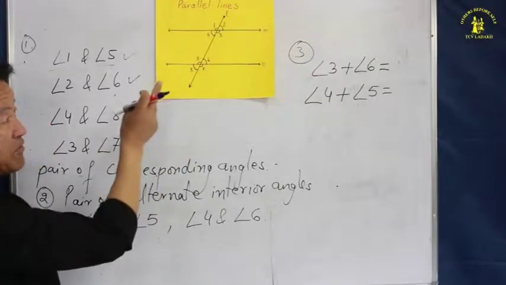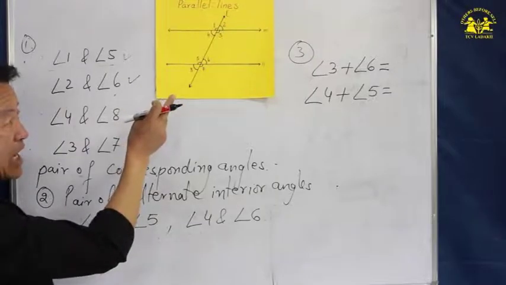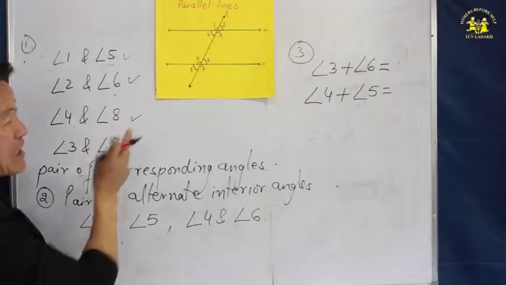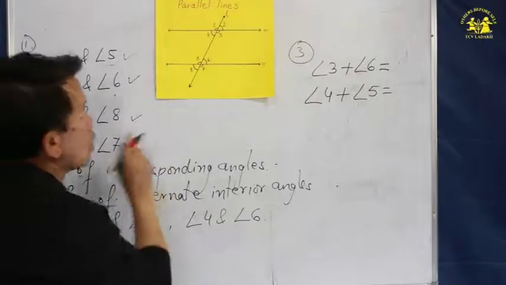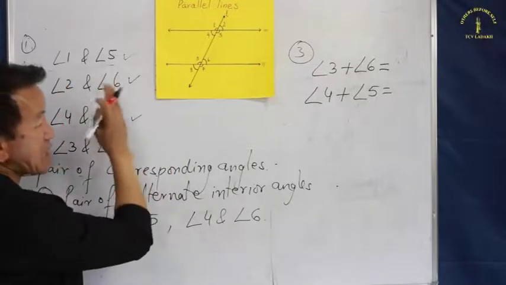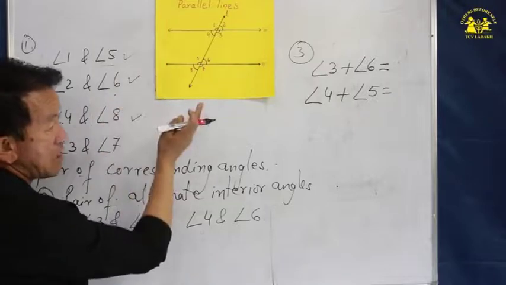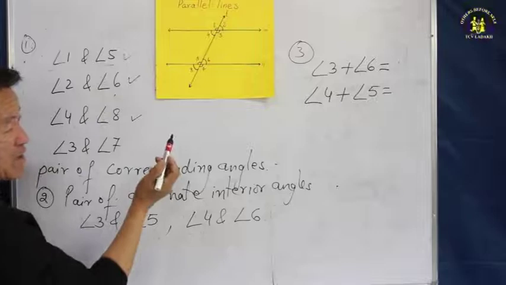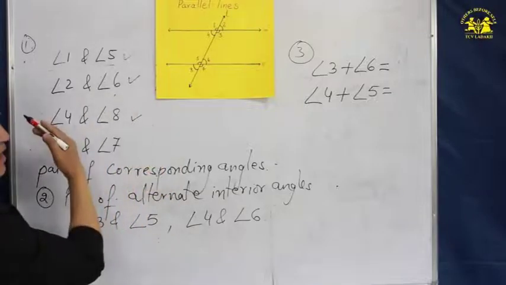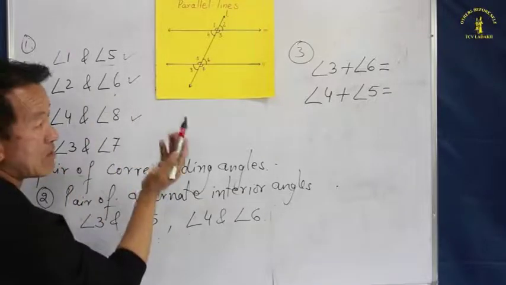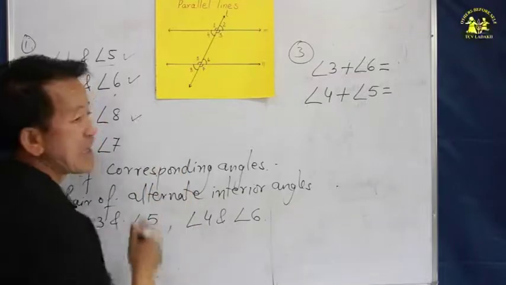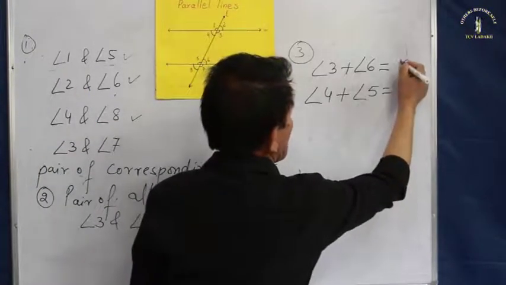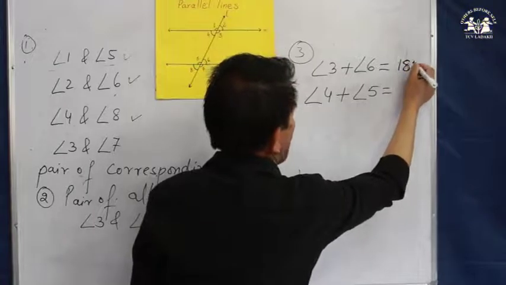So if line M is parallel to N, then the sum of interior angles, angle 3 and angle 6, which are on the same side of the transversal, and angle 4 and 5, also on the same side, the left hand side while 3 and 6 are on the right hand side, is equal to 180 degrees.